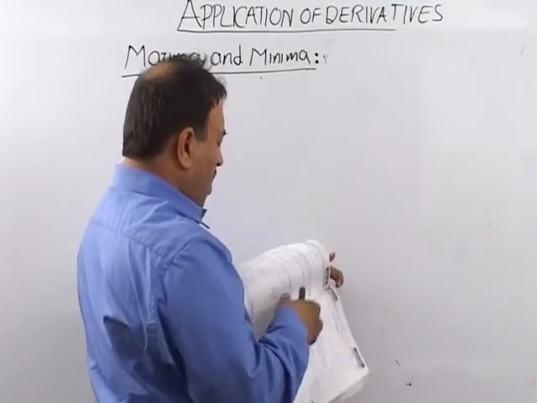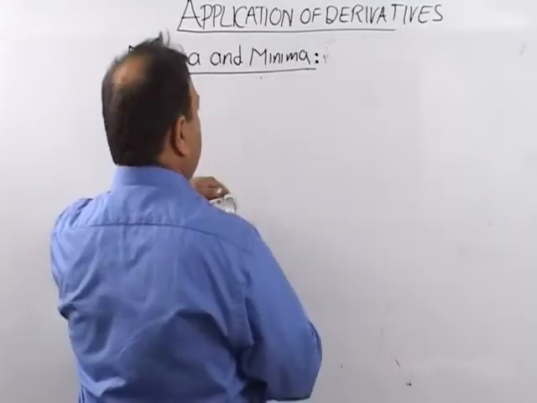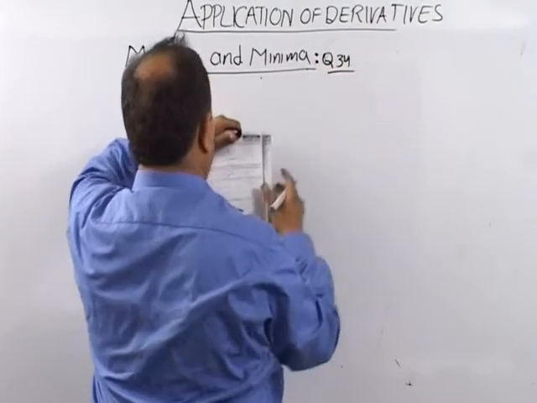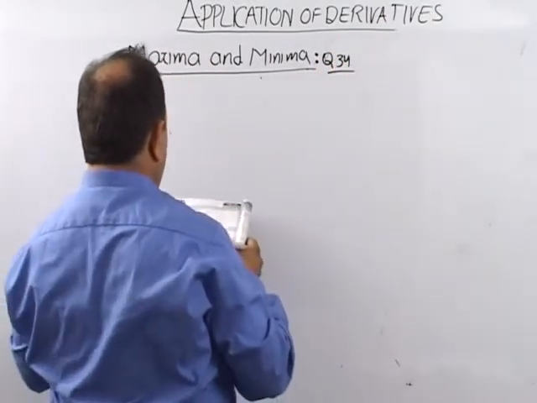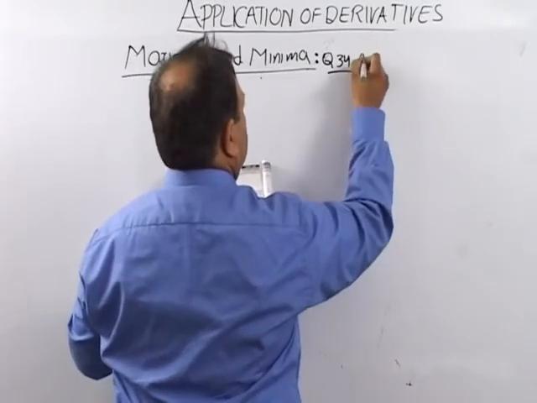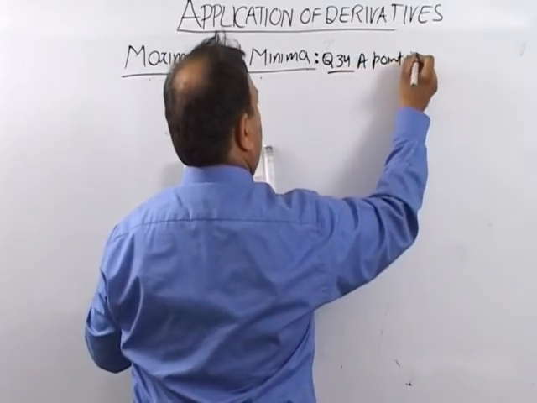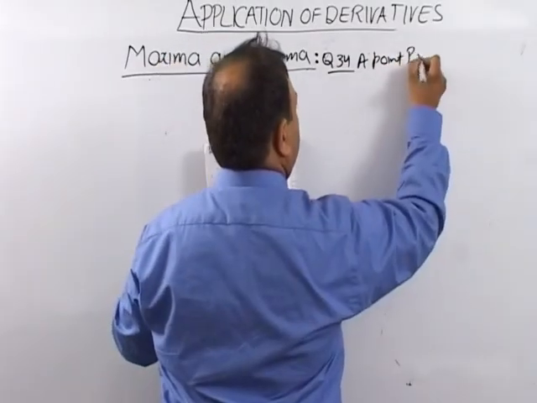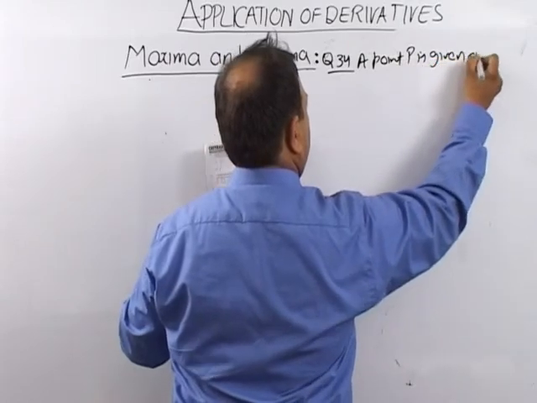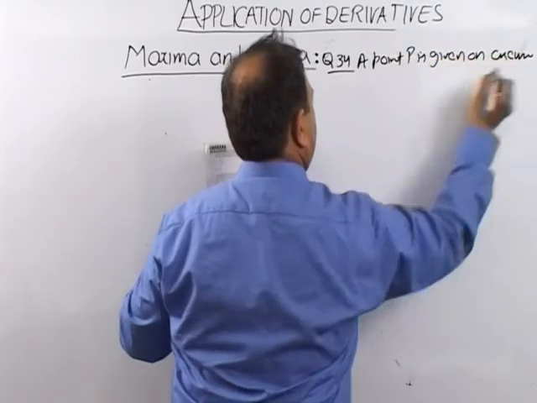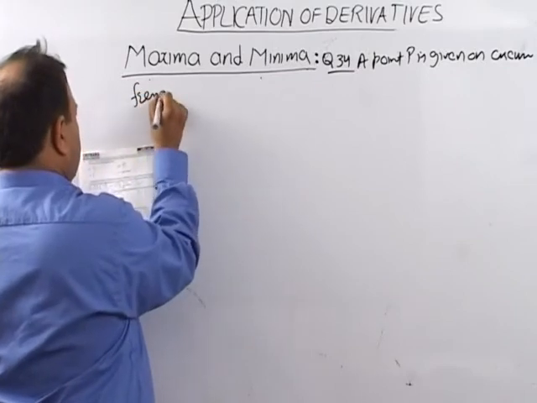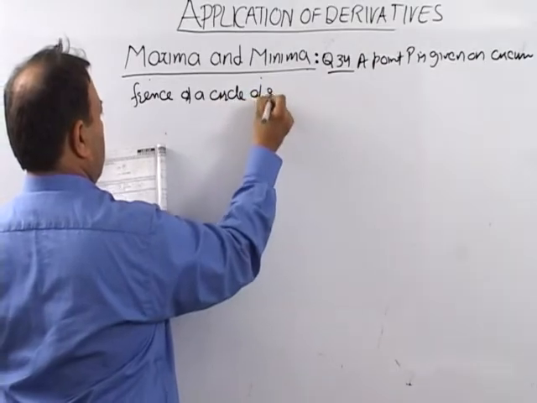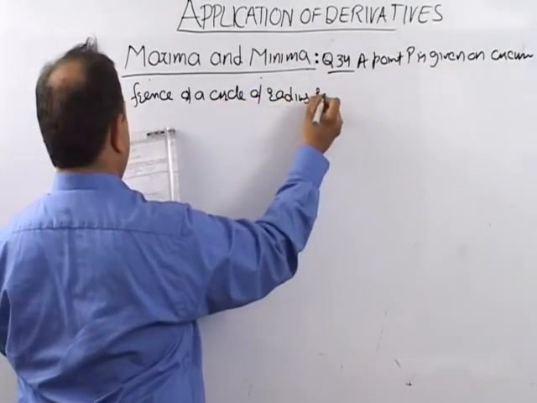Now the next problem of our booklet is question number 34. A point P is given on the circumference of a circle of radius r.